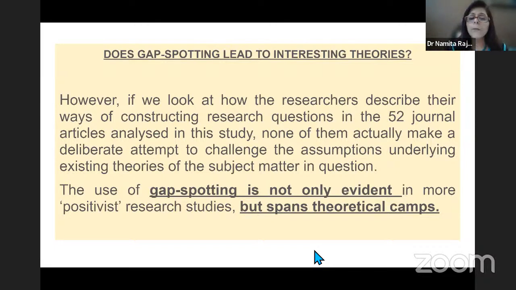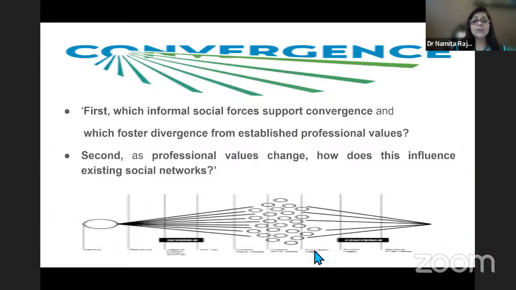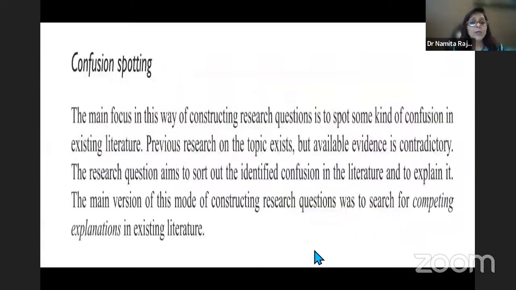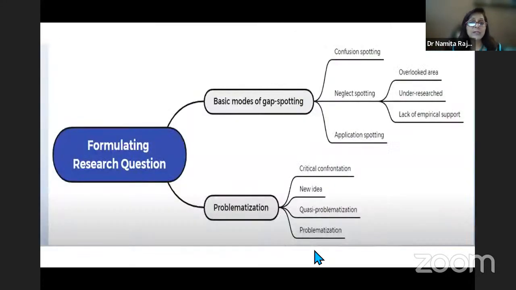I would like to take a pause here and reiterate the point I want to make. Let me go back to my previous slides and show you the specific point I want to address here. Yes, this is the diagram. Look at the first part of it.